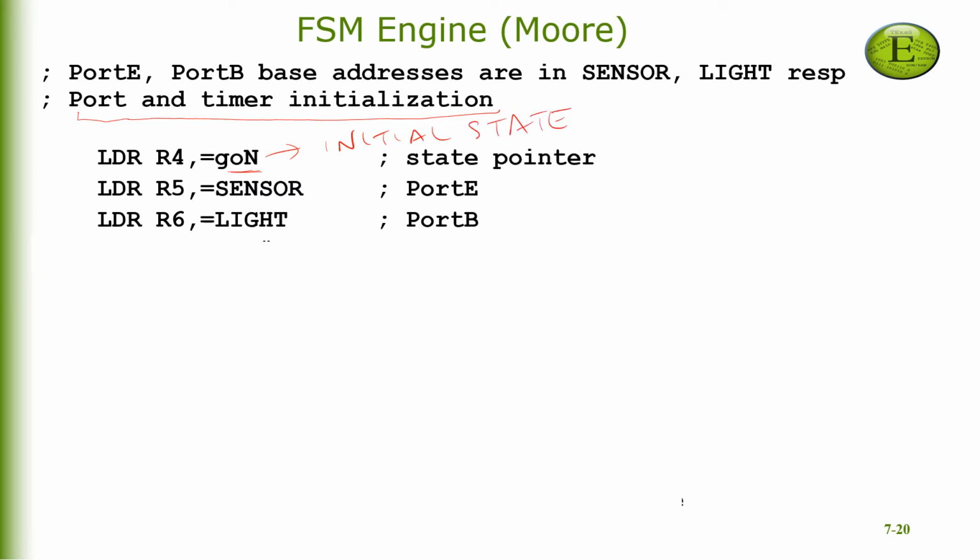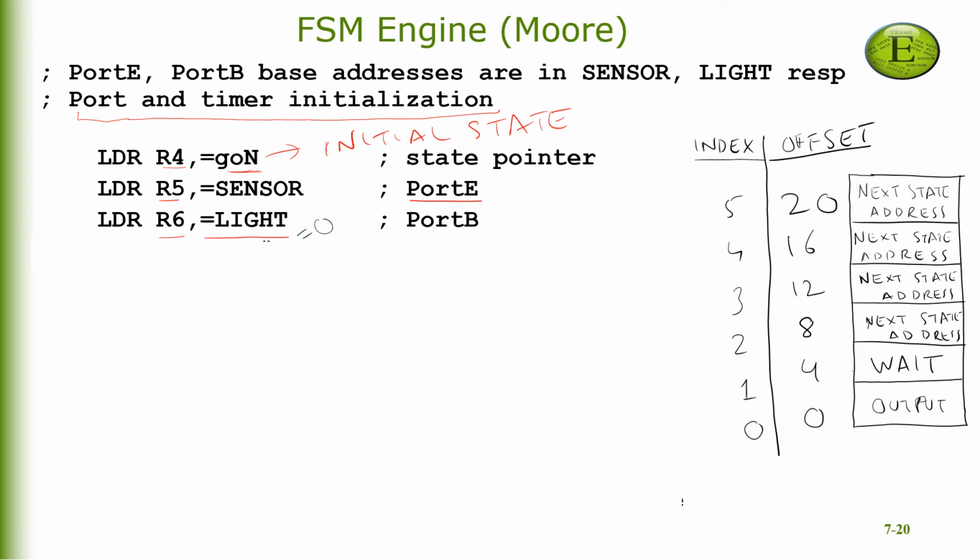Let's say initially we were allowing the traffic on the north lane to proceed, blocking the traffic on the east road. So the base address of the GoN array goes into R4, and the base address of port E goes into R5. Base address of light E goes into R6.